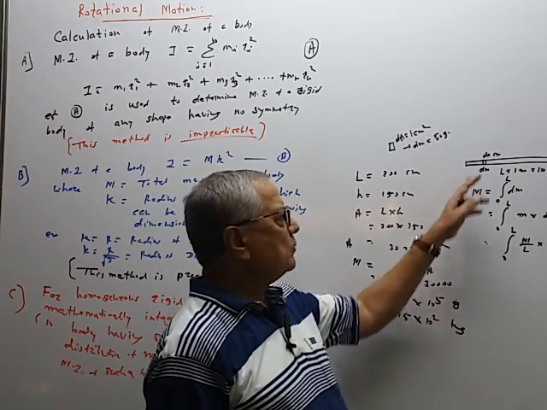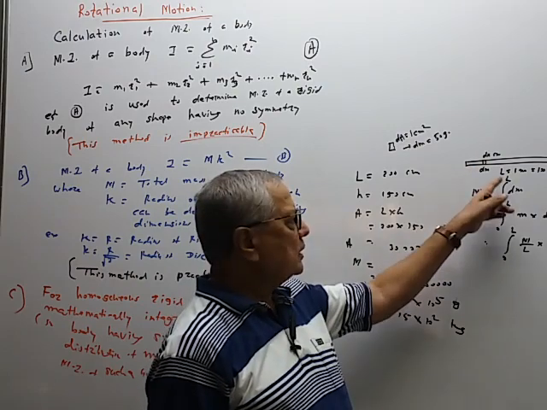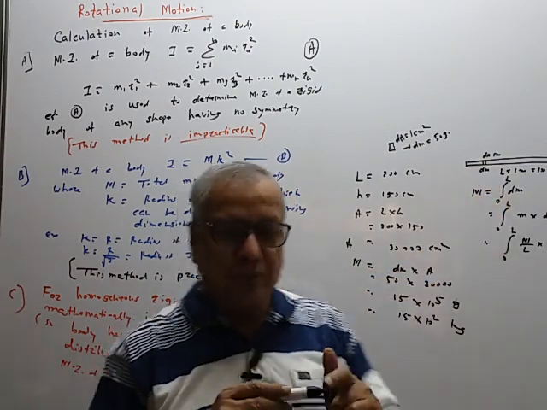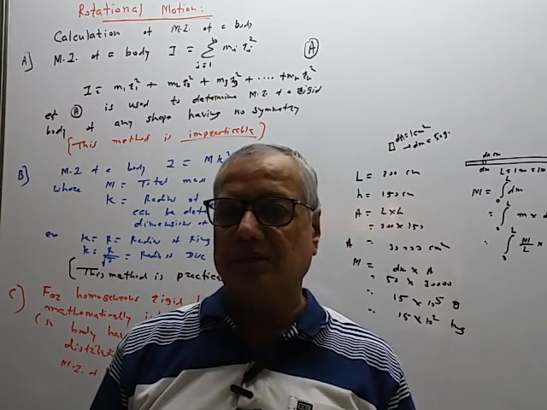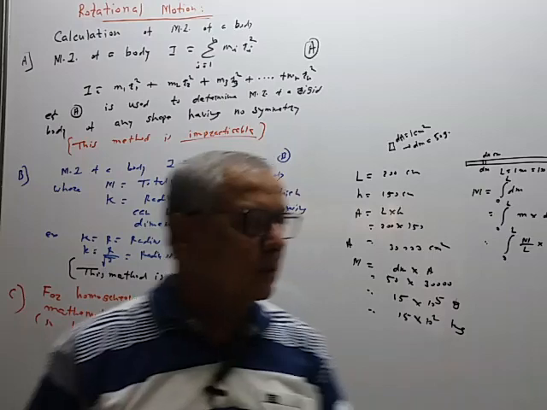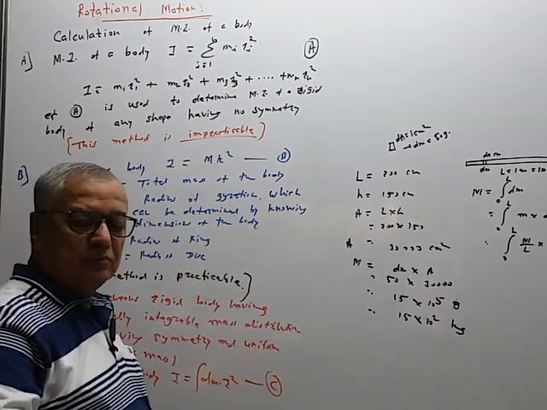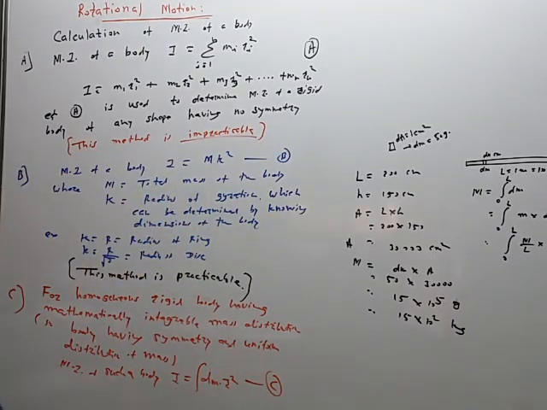So in this way we can find the total mass if the body is having uniform distribution and symmetry and mathematically integrable mass distribution, like this. So in this equation, what is dm, what is r, that we have to see.